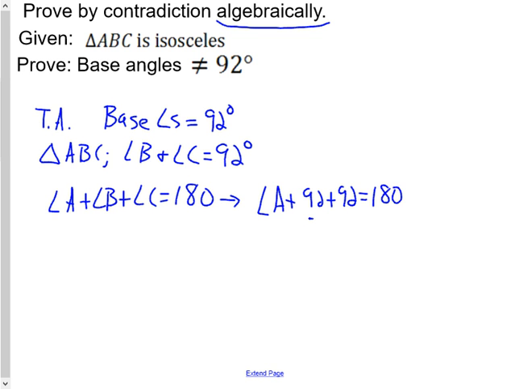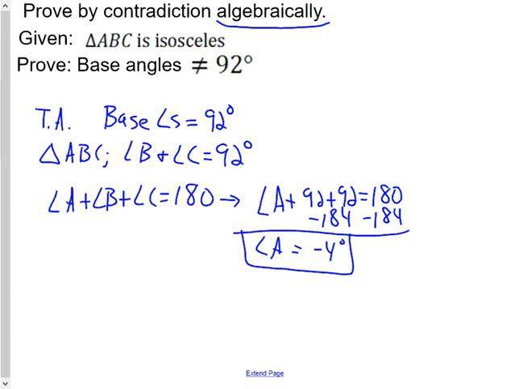Solve for A. And I get angle A is -4 degrees. That is not possible. You can't have a triangle with a negative angle. If you try to draw the picture, you realize it wouldn't work either. And there's our contradiction. Contradiction, base angle cannot equal 92.